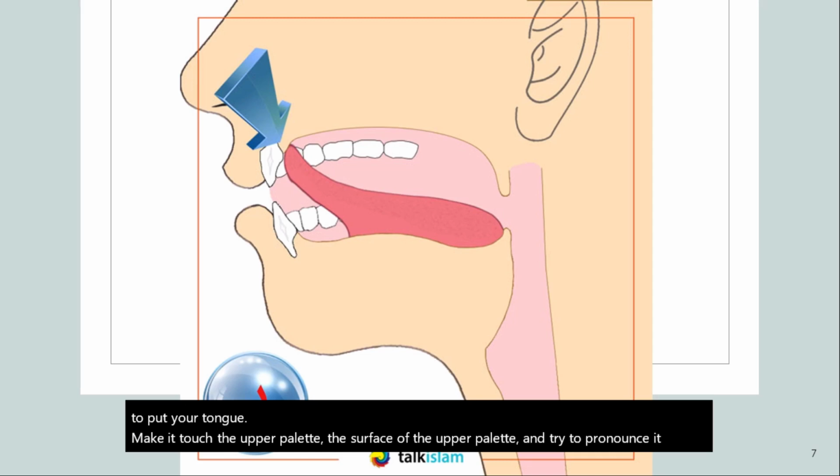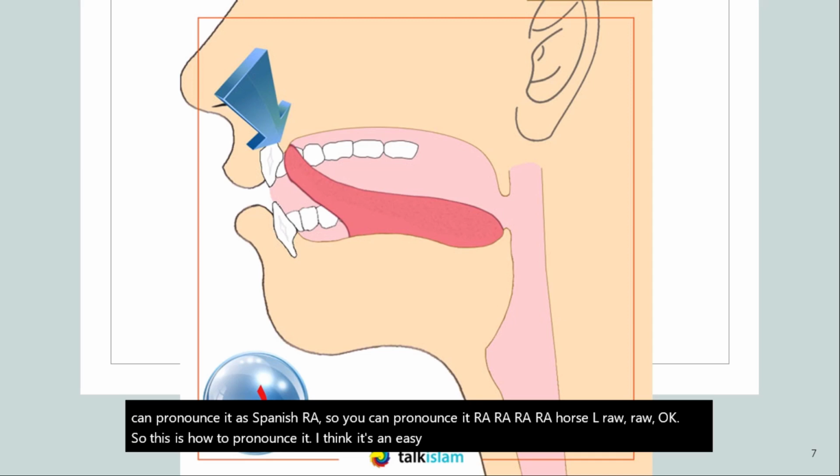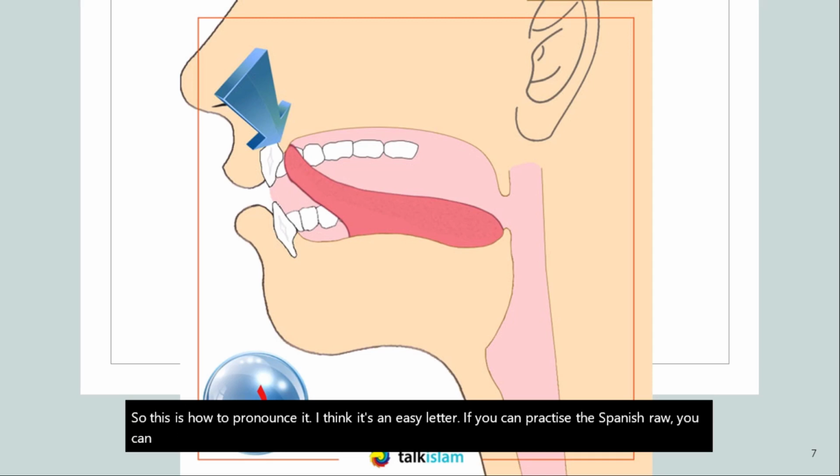If you can pronounce the Spanish ra, you can pronounce it: ra, ra, ra, ra, حرف الراء, ra. So this is how to pronounce it. I think it's an easy letter. If you can practice the Spanish ra, you can definitely pronounce the Arabic one.